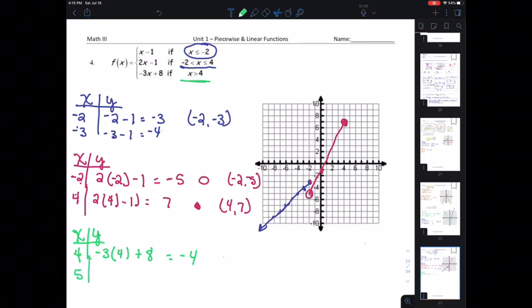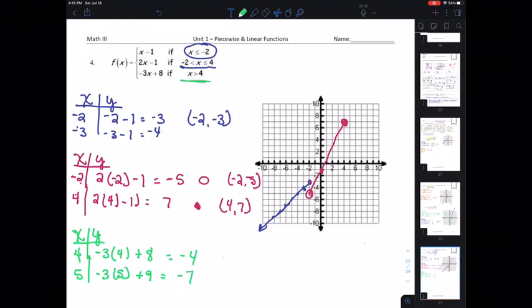And if we want to take another point, just for good measure, we could take 5, and we would get negative 3 times 5 plus 8, which is negative 7. So we're going to start at 4, negative 4.